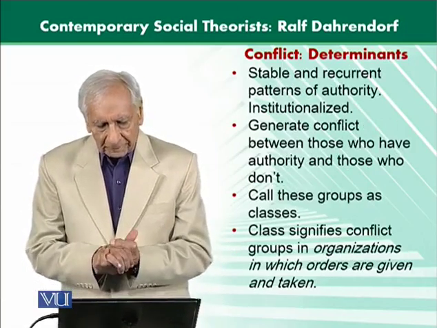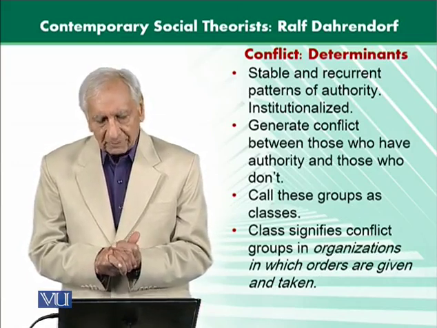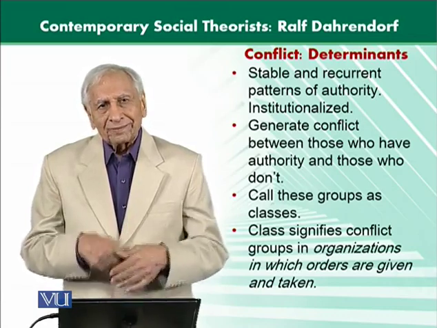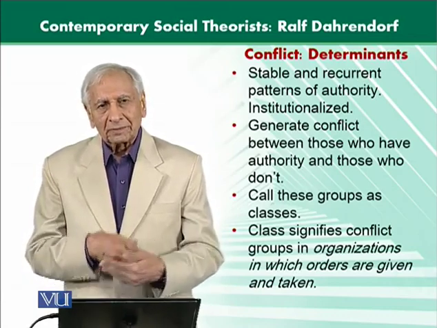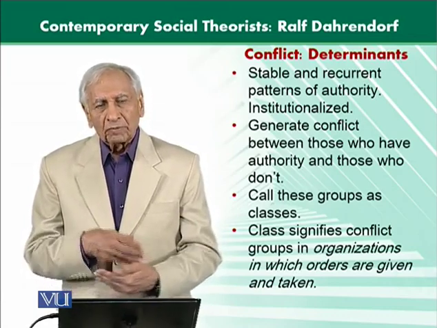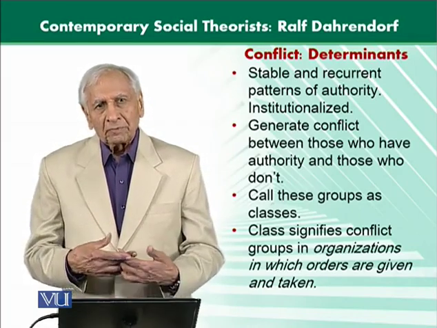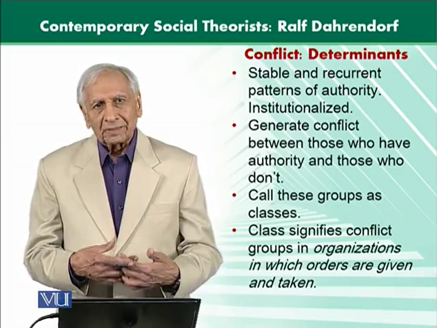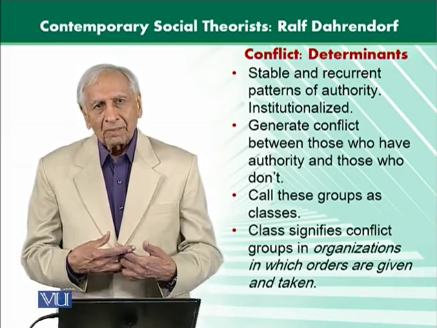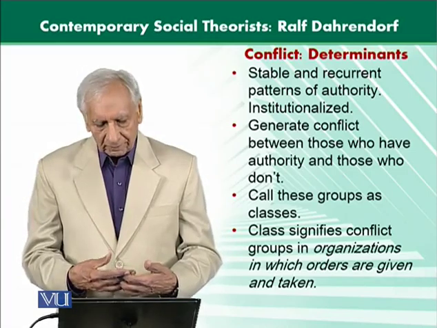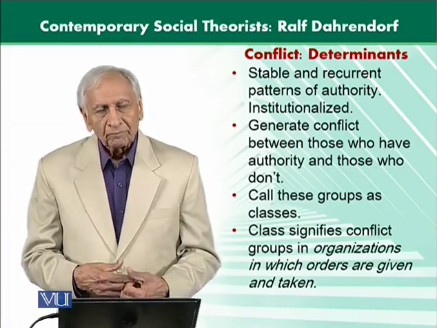So we see that there are stable and recurrent patterns of authority, and when authority patterns continue over a period of time, then in that culture they get institutionalized, they get recognized, and in certain situations these might be formalized in the form of rules and regulations.